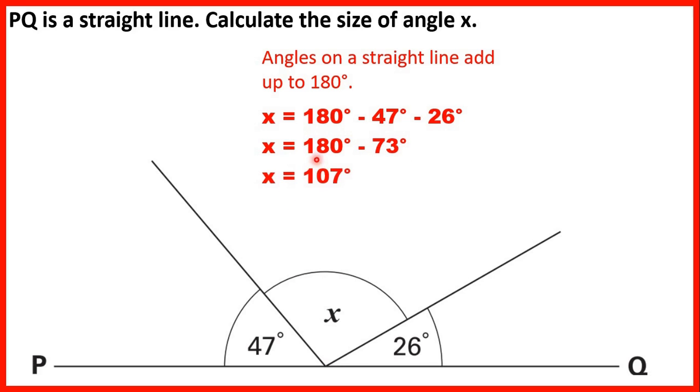So if we work out 180 minus 73, that gives us 107 degrees for angle X, and then we can check: 107 plus 47 plus 26 should give us 180.